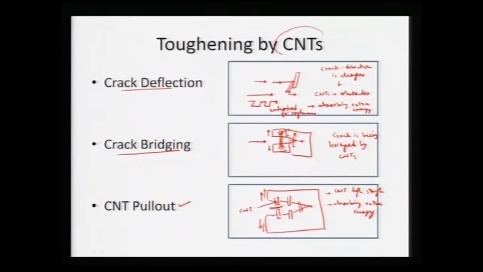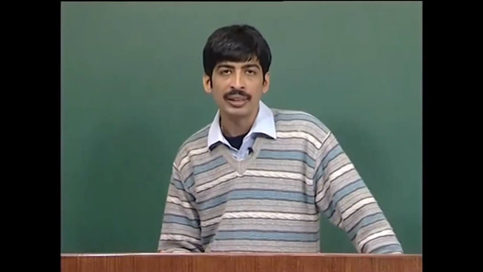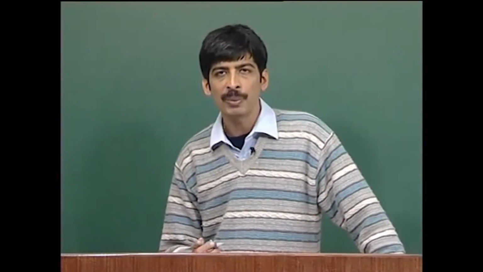So, we can see carbon nanotubes can enhance crack deflection, they can cause crack bridging, and they can also cause CNT pull out. By all these three processes, it can render toughening to the ceramic. In crack deflection, the crack has to change its direction, so it will not be able to propagate. In crack bridging, we still have some carbon nanotube left between the two surfaces, so it will not allow them to go further apart.